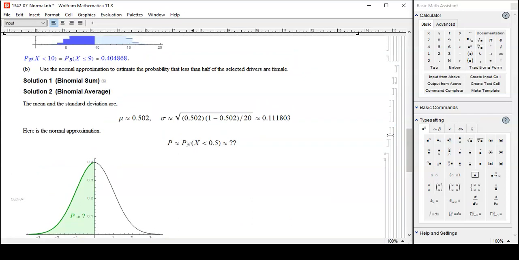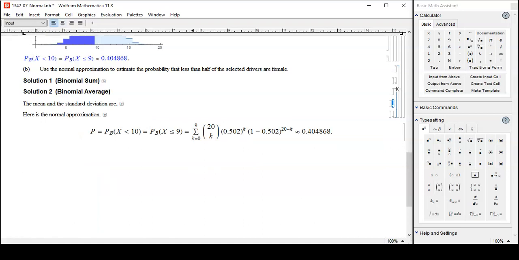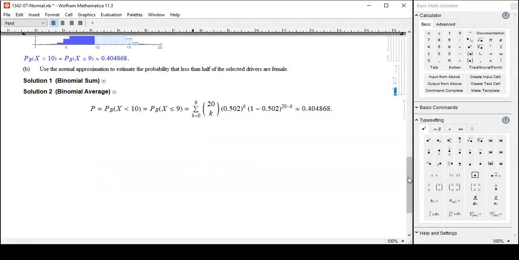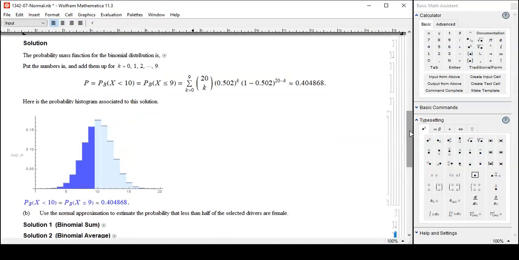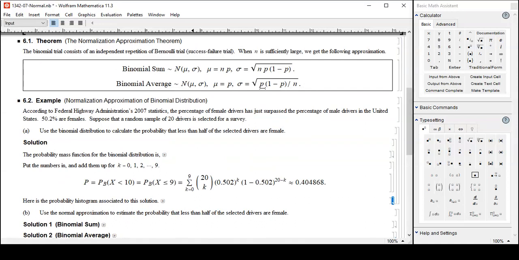How did it happen? Well, that's because the sample size of 20 was too small. This approximation works when you have a large sample size, but 20, not very good.